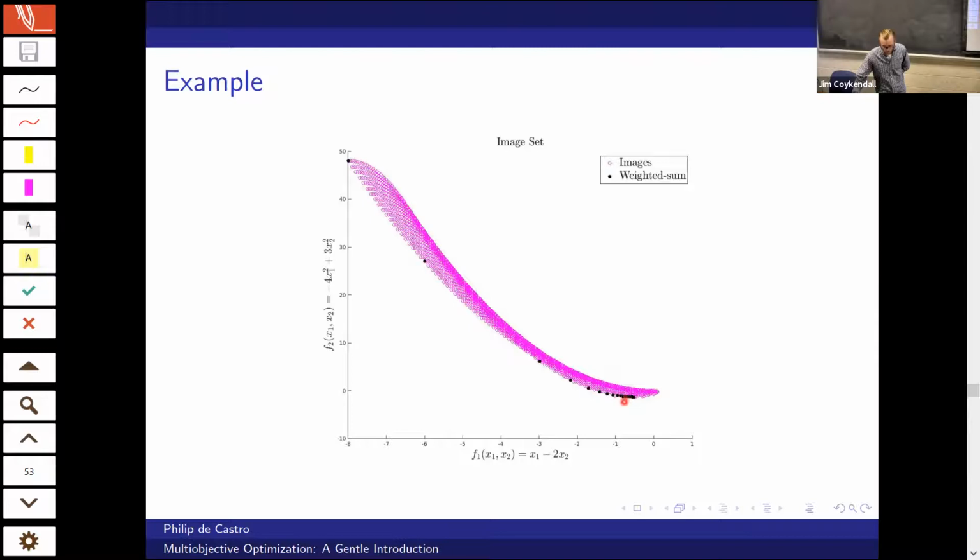But I did it for many different weights. What's interesting is we don't really get a very good representation of our efficient set. We get a bunch of points down here, and it's much more sparse as we go out in the Pareto set.